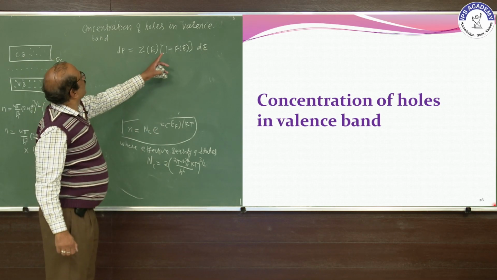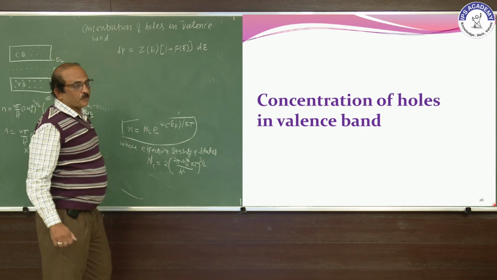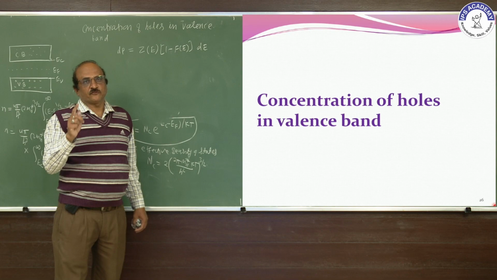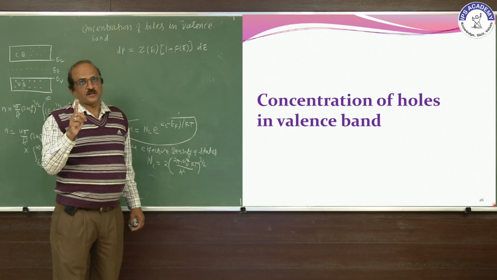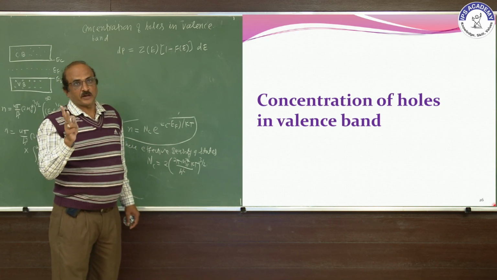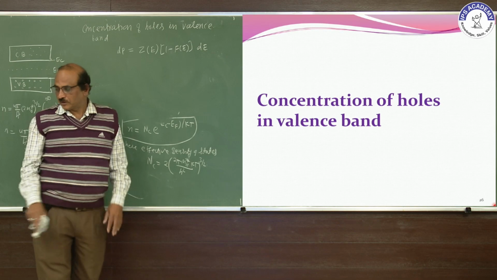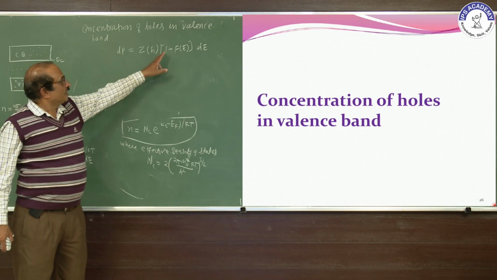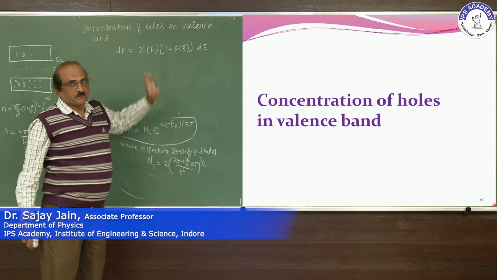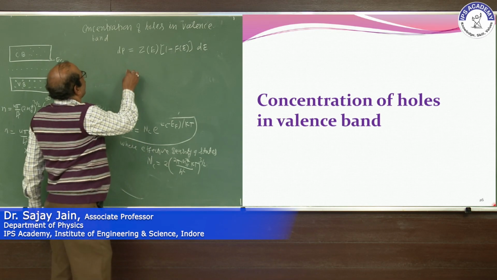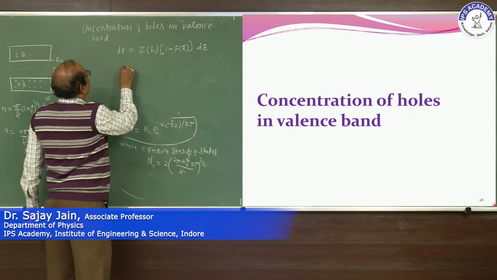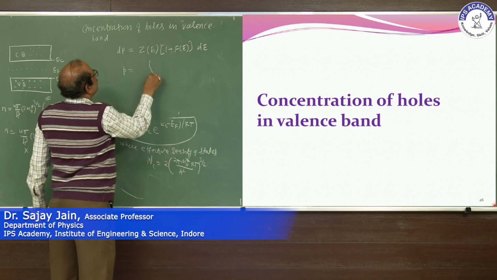Because we have not taken Fe here, the total composite probability is 1 of finding the electron in either the conduction band or the valence band. So the sum of probabilities will be 1. To calculate the probability of occurrence in the valence band, Fe is subtracted from 1 and the equation is integrated.